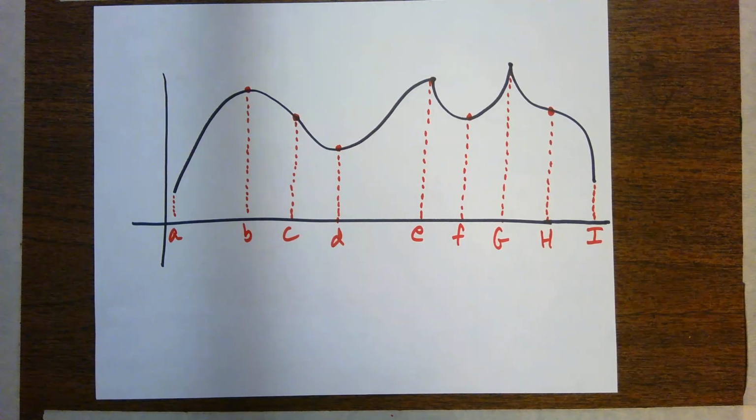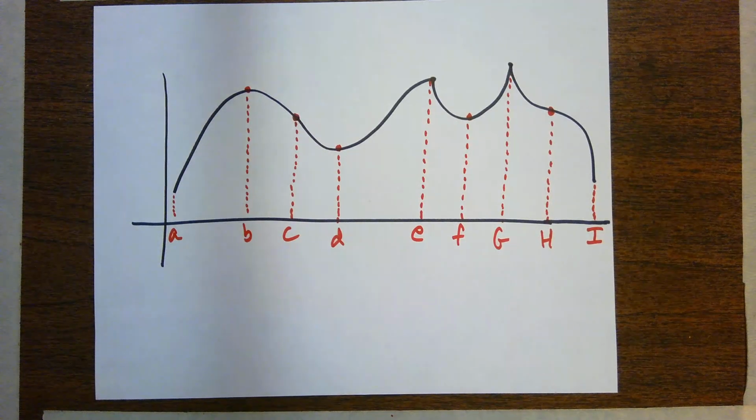It looks like I've got some absolute maxes and maybe some absolute mins, definitely some local maxes and local mins. But again, I'm concerned with the concavity here. It's all about the tangent lines. If you need to pause the video to make sure you've got this copied down, do so, because I'm going to move on here.